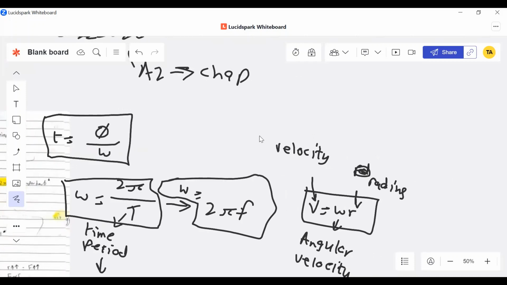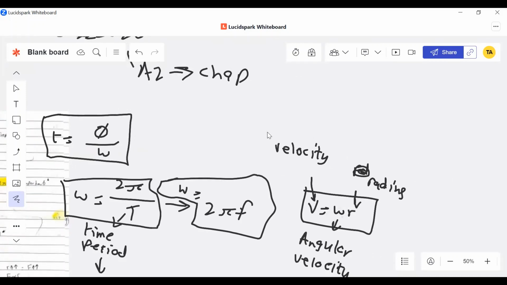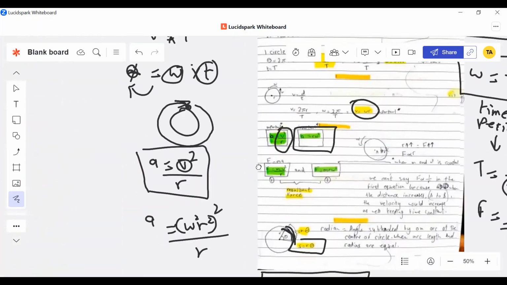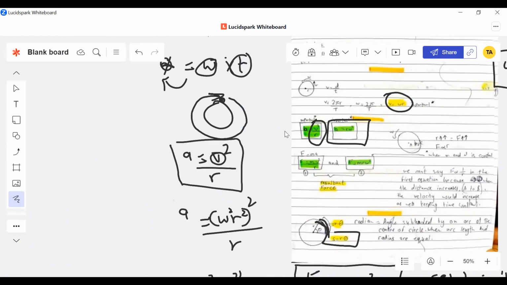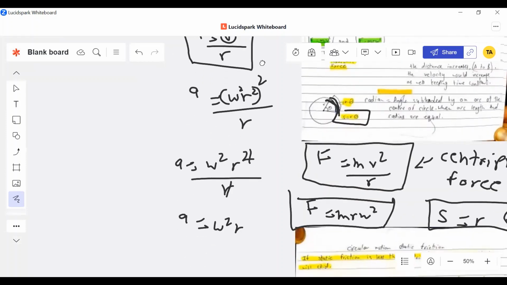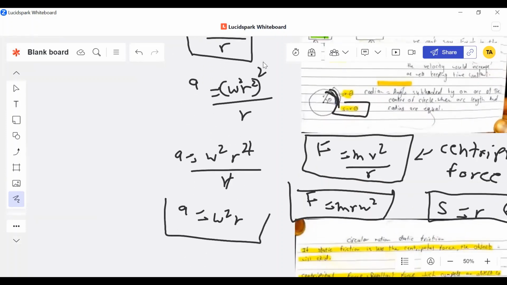You also need to know velocity is angular velocity times radius, or omega r. And acceleration has two formulas, which is v square over r and omega square r. Acceleration has two formulas, so you need to know both of these formulas.